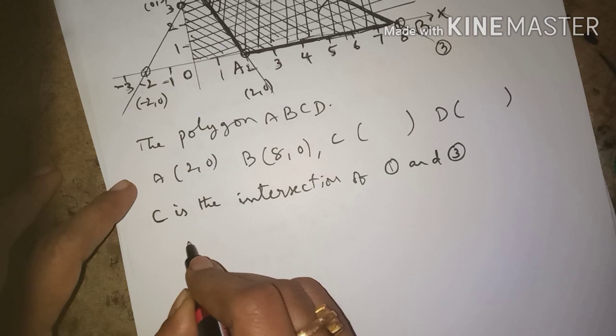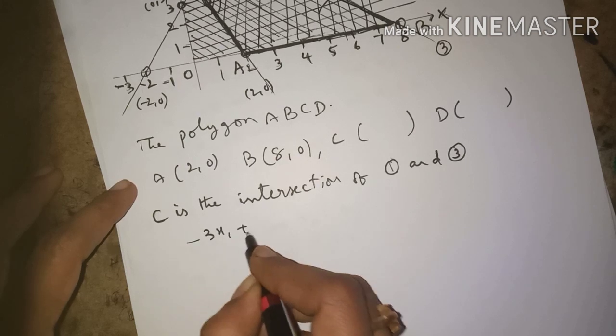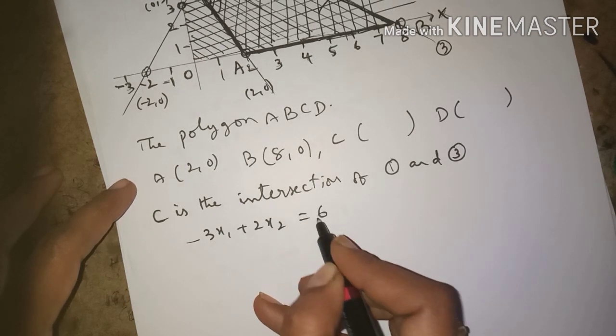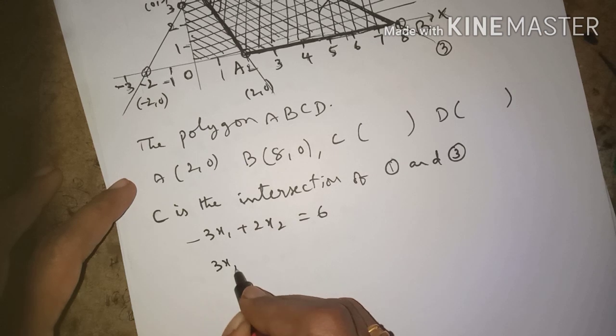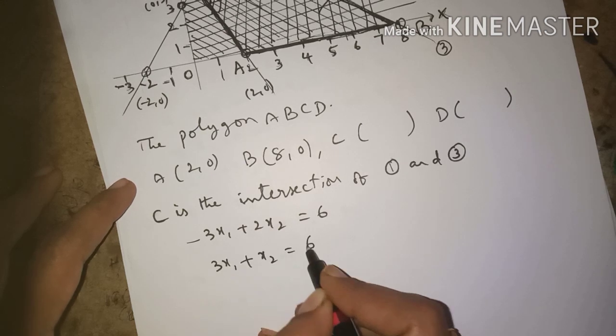What is our first line? Minus 3x1 plus 2x2 is equal to 6. The third line is 3x1 plus x2 is equal to 6.